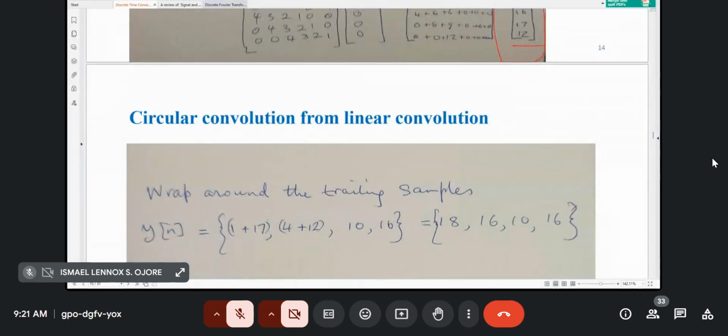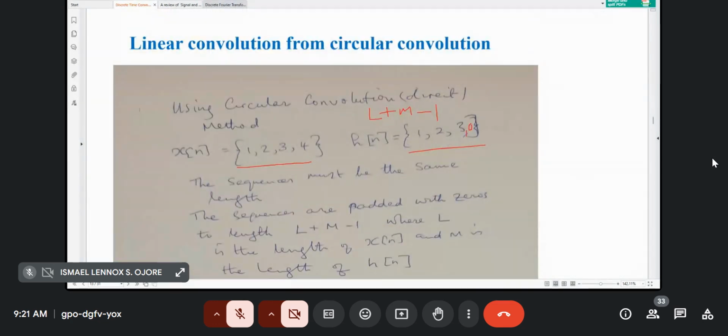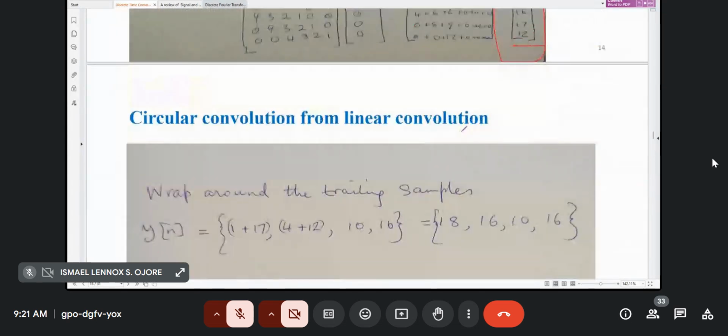So although I did this example here, it's not correct, because you do the circular convolution when you have the same length. So to do that, you have to have this one with a 0. Actually, it will be the same thing, come to think about it, only that the last sample will be 0.